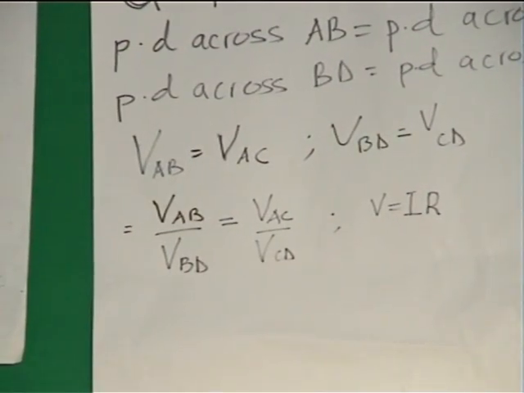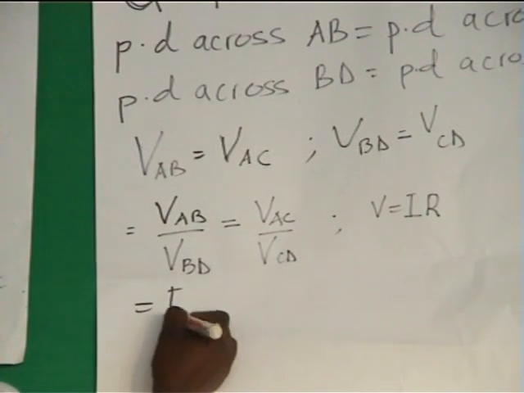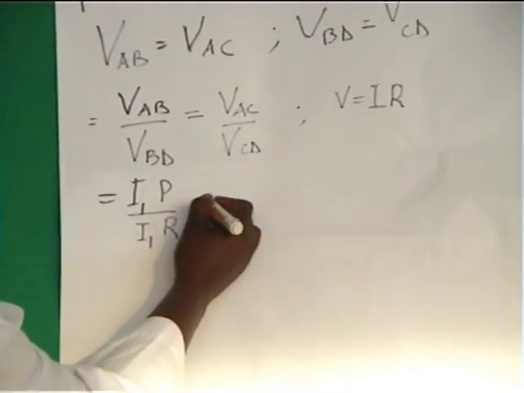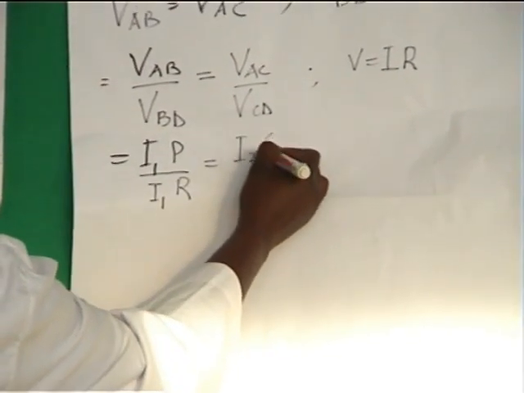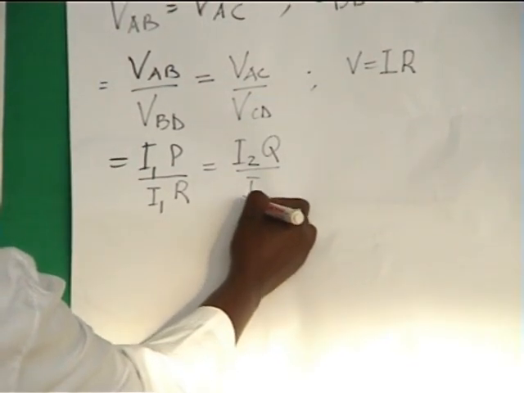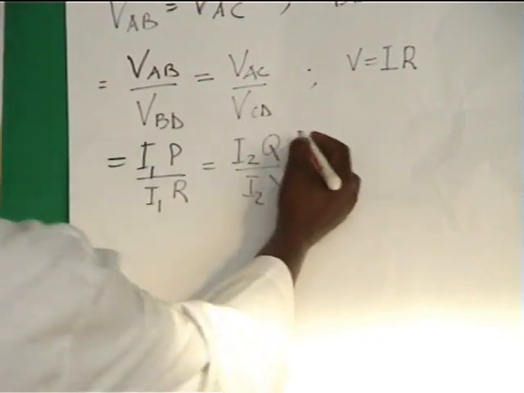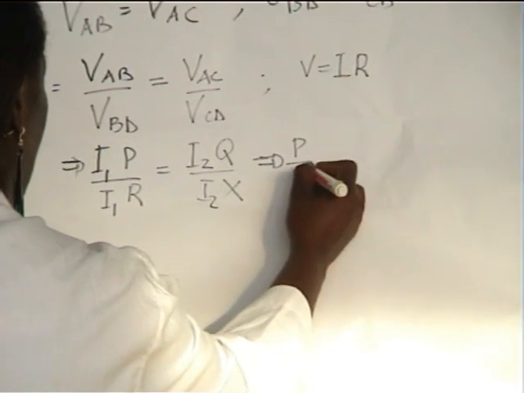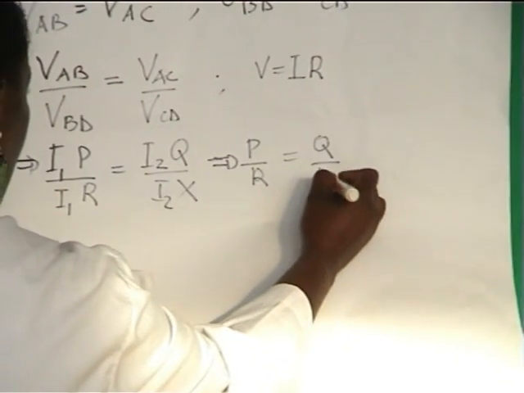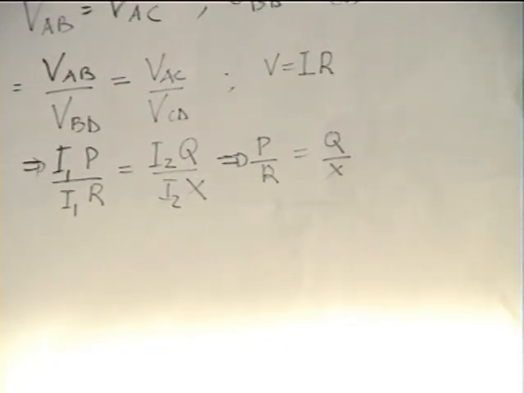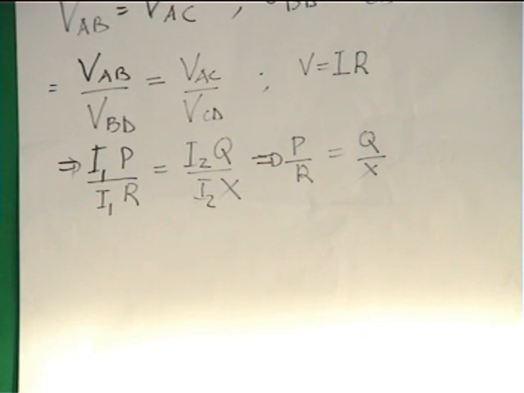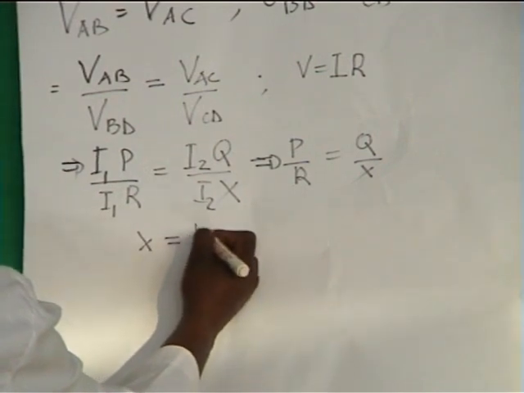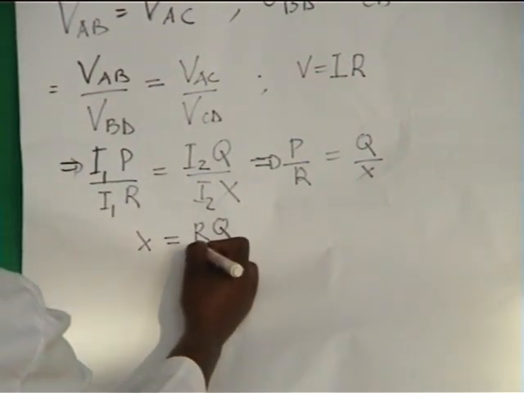This will be equal to I1 P over I1 R, which is equal to I2 Q over I2 X. When you simplify this, the answer will be P over R equals Q over X. Now from there, make X the subject because we are required to find the value of unknown resistor X. This will be X is equal to R Q over P.